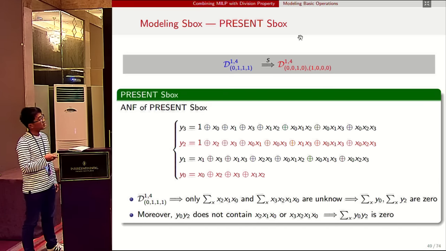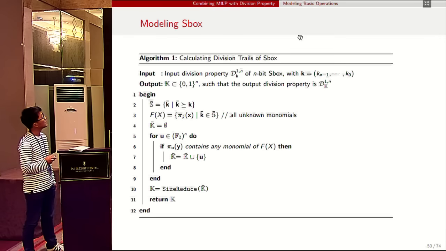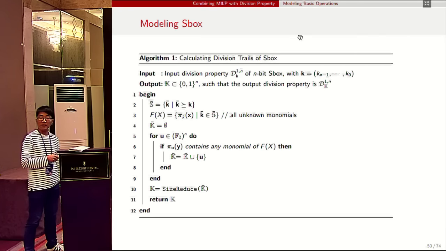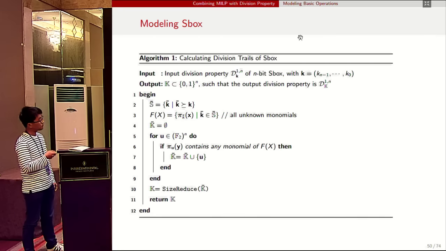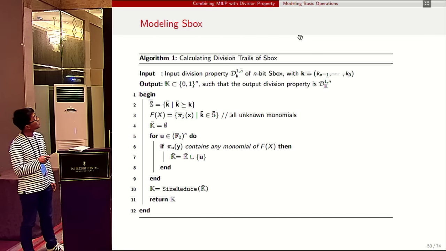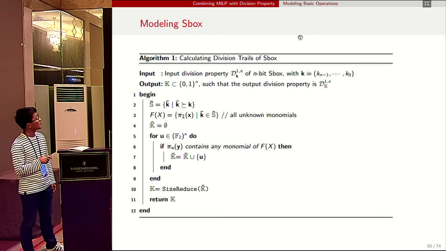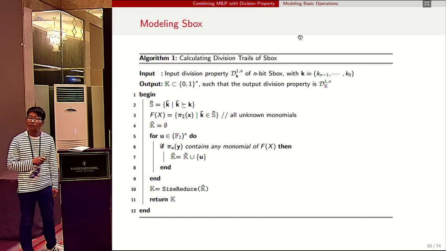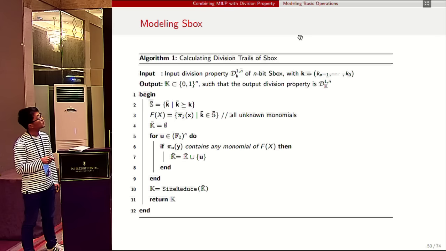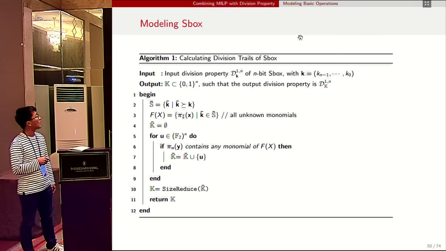Following this similar idea, we present a generalized algorithm to compute the division trios of any S-box. The input to the algorithm is the input division property of an n-bit S-box, k equals kn-1 to k0, and the output is a subset of all n-dimensional binary vectors, such that the output division property is dk. Firstly, we initialize K bar as all the vectors greater than or equal to k.